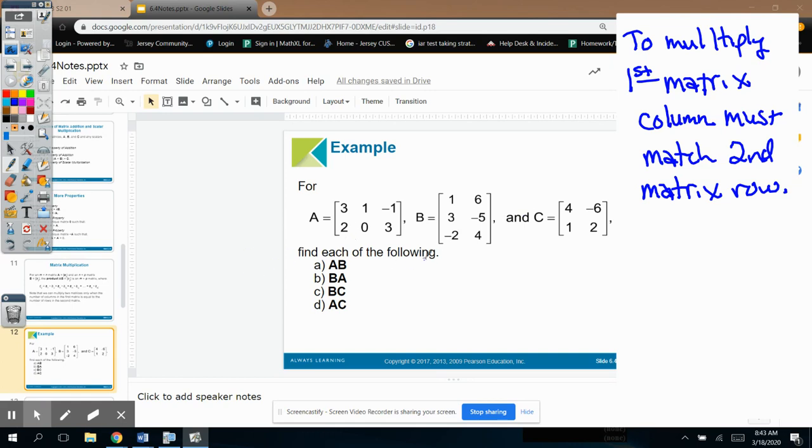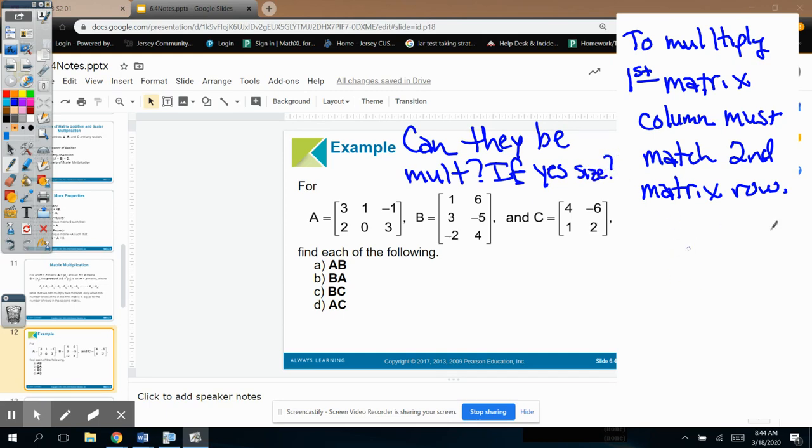So we're not going to multiply them first. I'm going to say, can they be multiplied? And if yes, what will the dimension be? Or the size? Because I'm running out of space. Okay, so say I have a 3 by 4 matrix.